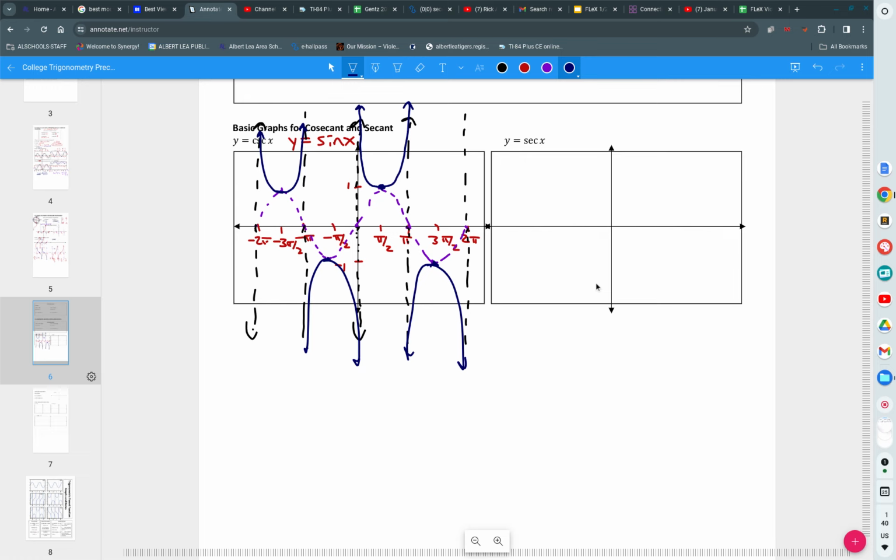Instead of graphing secant, what am I going to graph? Cosine. Go through the process. We all know what cosine looks like. You can understand why I'm going to be shorter with my tick marks. I'm not going to put them all the way at the top or bottom because I need to make room for the rest of it.